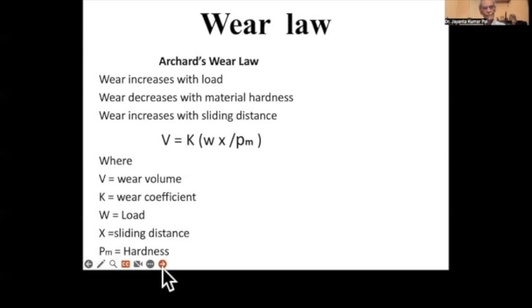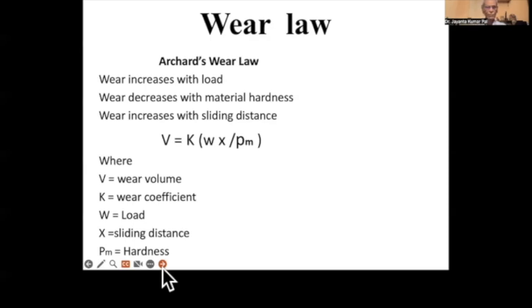Longer the line, the more it will wear. So it is proportional to X, that is the sliding distance, how far it has slid. And if the chalk is harder, it will wear less. If the chalk is softer, it will wear more. So it is inversely proportional to PM or hardness.